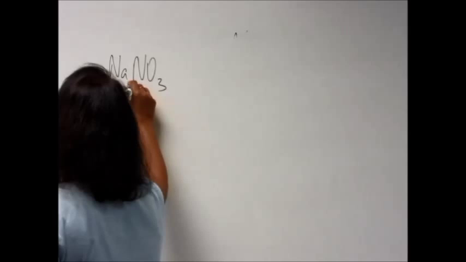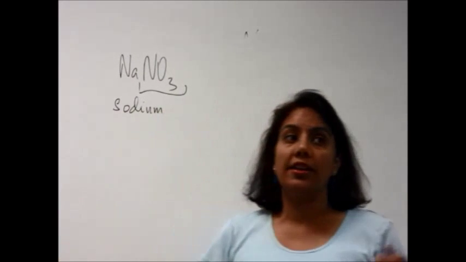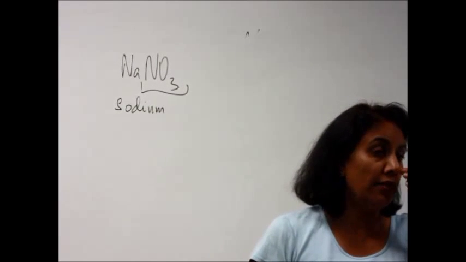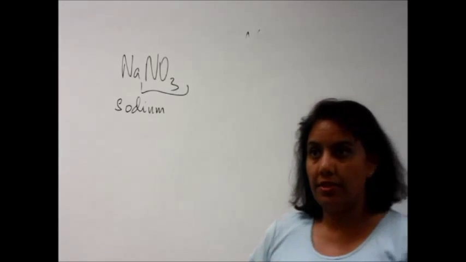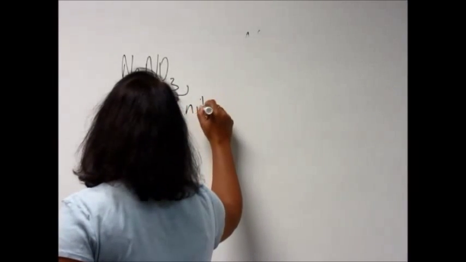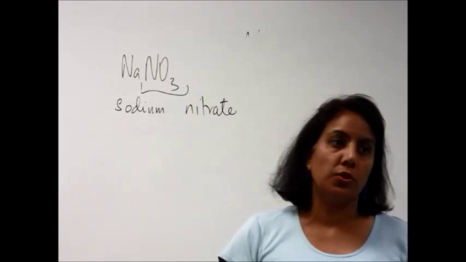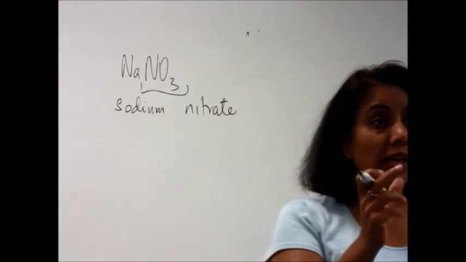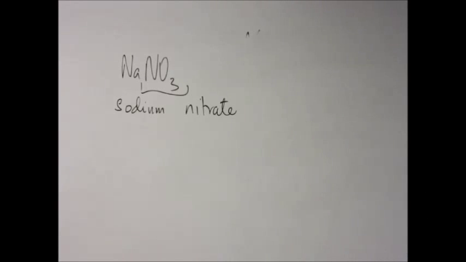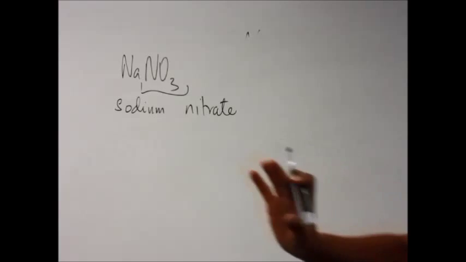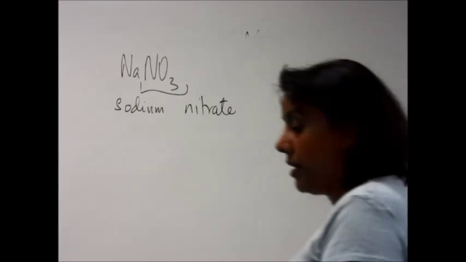And then you look at this and you realize that you cannot call it nitrogen trioxide, so you have to call it nitrate. So far you have not learned how to name 3 elements, so please do not try to do so. If you see 3 elements in any compound, it means there is a polyatomic ion in there. Don't try to be creative. Just learn your polyatomic ions and name it that way. All right.